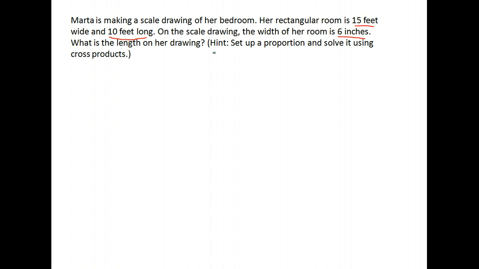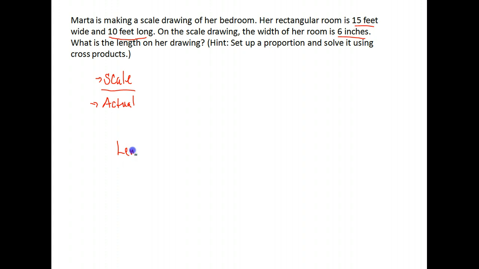First we have to come up with what our ratio is going to look like. When you're working with scale, typically your ratio looks like the length of the scale over the actual object. We want to compare those, for length and for width.